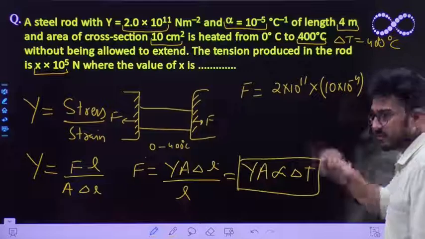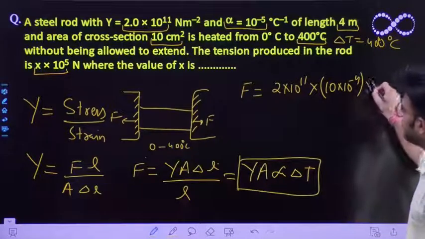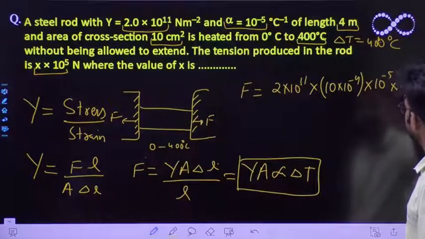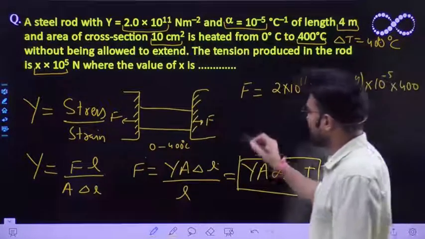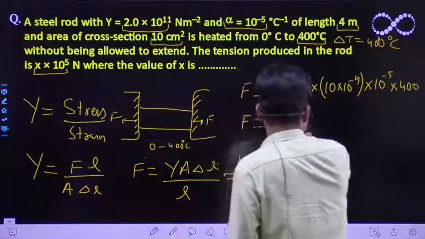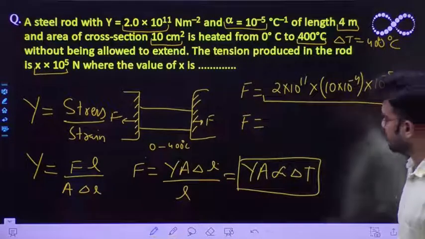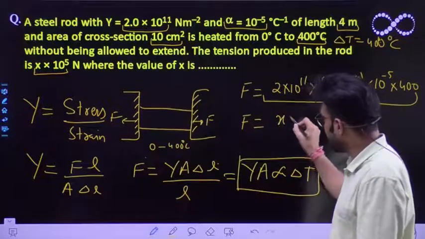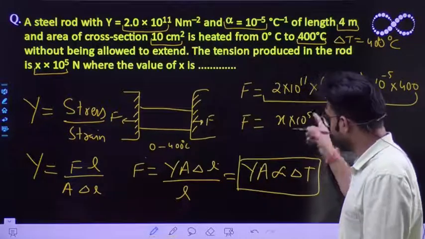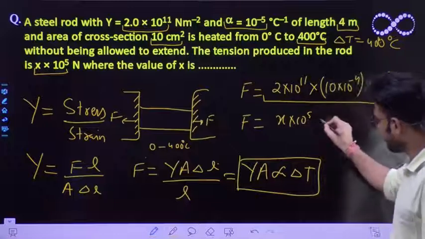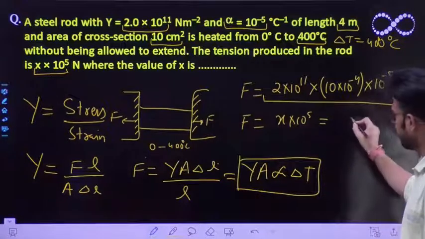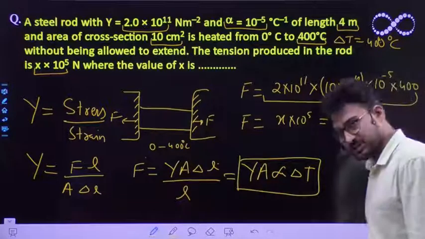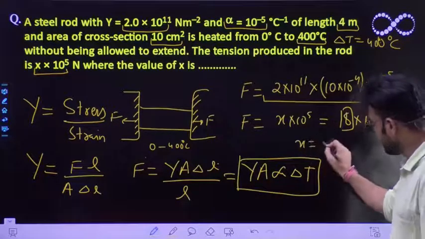Alpha is also given to you, which is 10 raised to power minus 5, and delta T, the change in temperature, is 400. Eventually after solving this expression, you can easily get the value in terms of x into 10 raised to power 5. So this x is equivalent to 8 into 10 raised to power 5. So the value of x would be 8 over here.